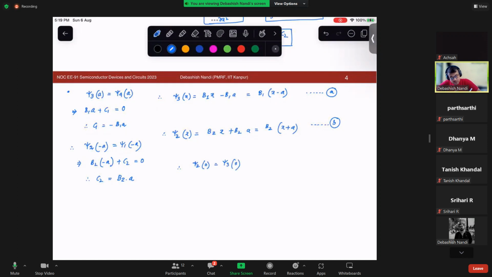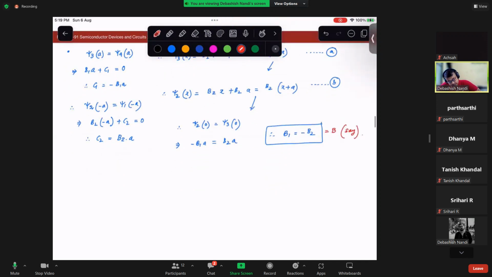Then from these two equations, we can just put x equal to 0. We will have minus B1 A is equal to B2 A. That means your B1 is equal to minus B2. We have found another relation. So now let me call it b.